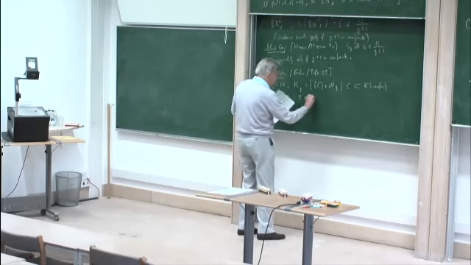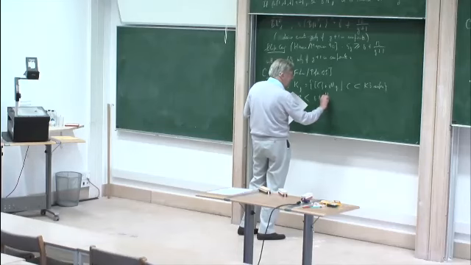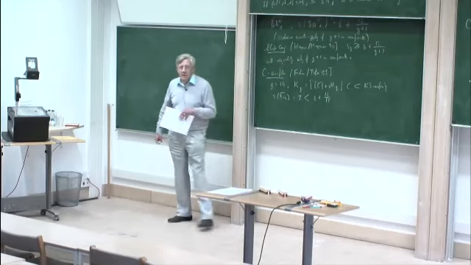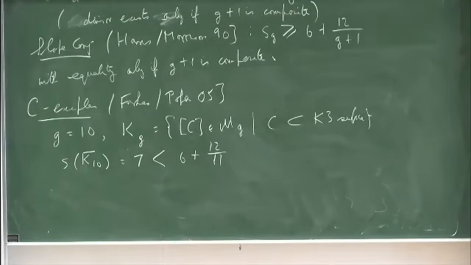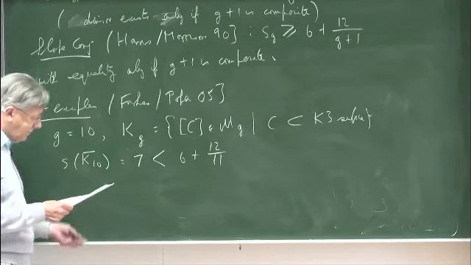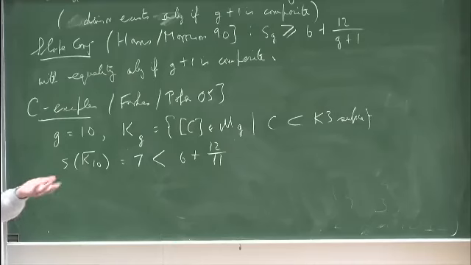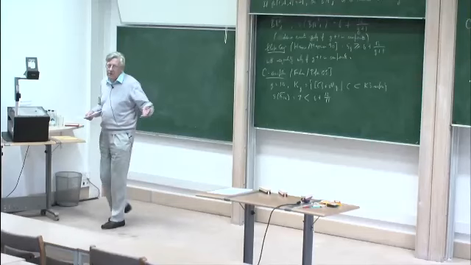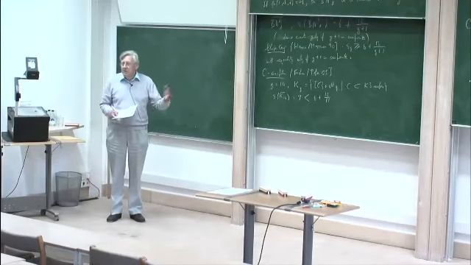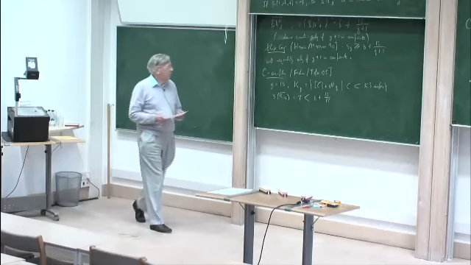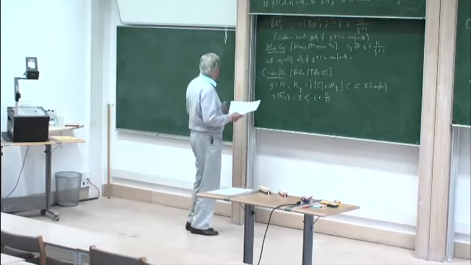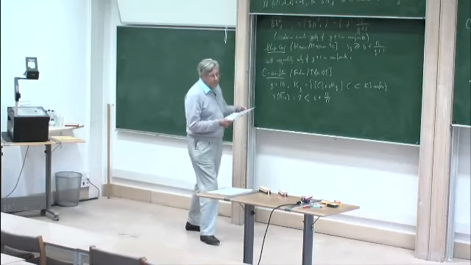And 7 is less than 6 plus 12 over 11. So that's the first counterexample to the slope conjecture. Then Farkas in particular has since discovered a lot of further whole classes of counterexamples in different genera and so on.